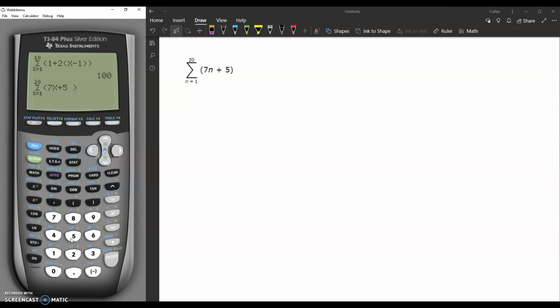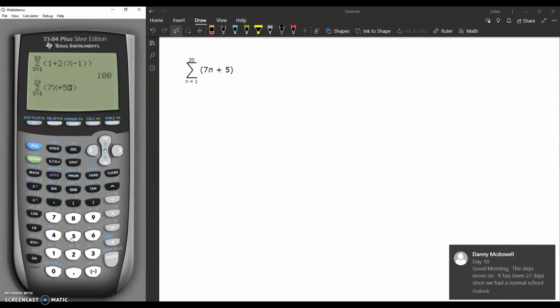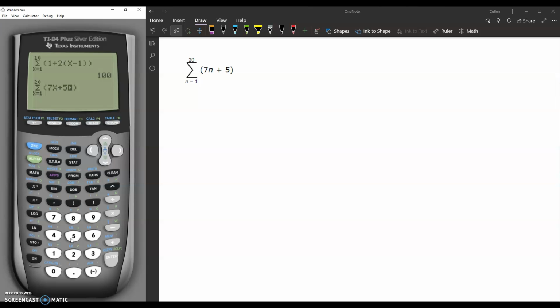I don't need any extra parentheses because one set is totally fine if you have parentheses around the whole thing. And it'll spit your answer out at you. So your answer is 1570.